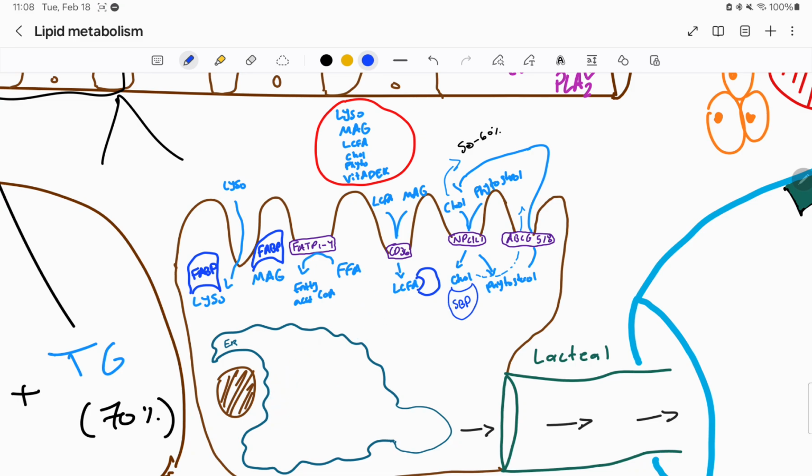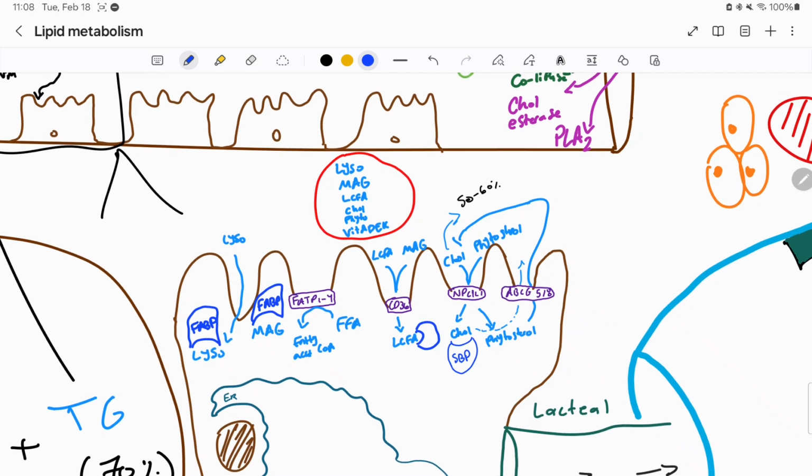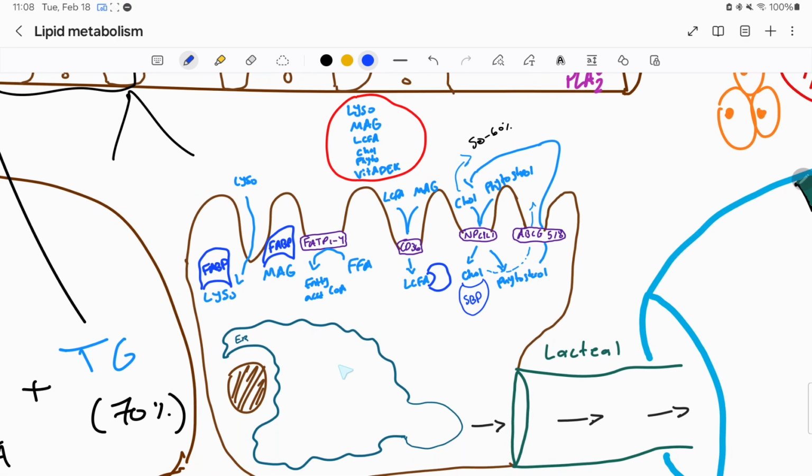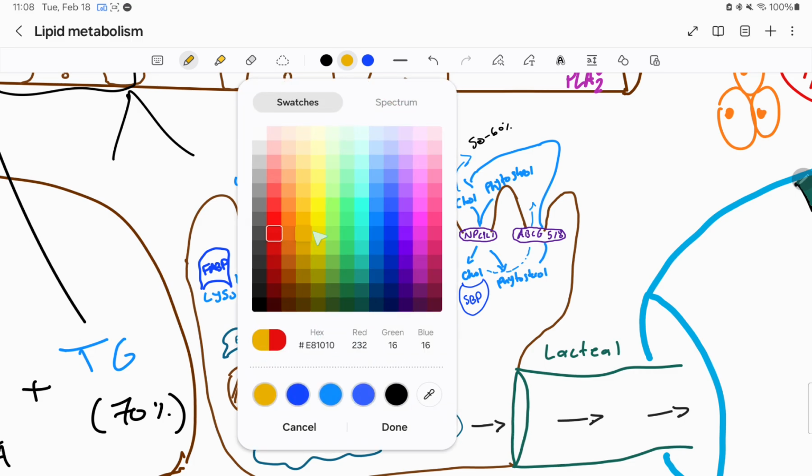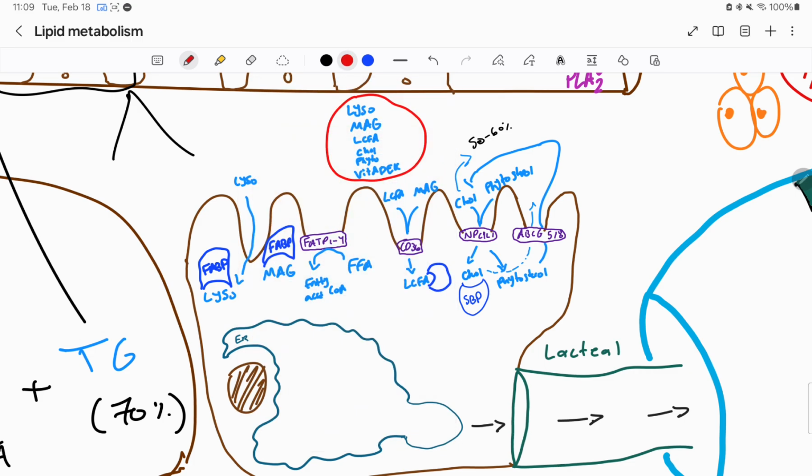Why are they being carried to the endoplasmic reticulum? Well, here's something funny. We spent the entirety of digestion breaking these guys down to their small constituents and what they're made up of. But now, inside of the endoplasmic reticulum, we're going to reform them again, okay? And this is pretty hilarious. So watch. Here's what we're going to do. We're going to grab, and let's do it with this red color, okay?